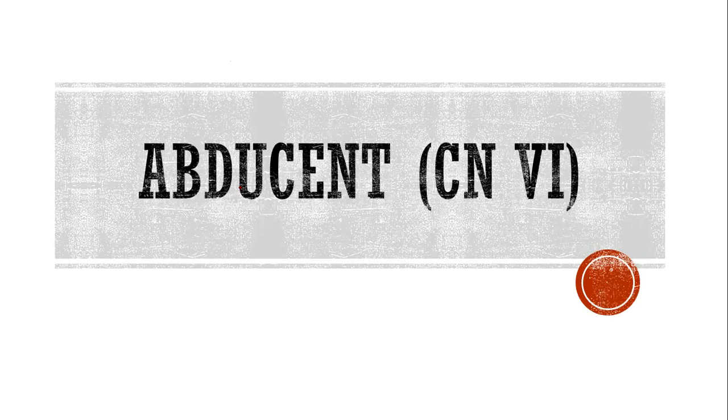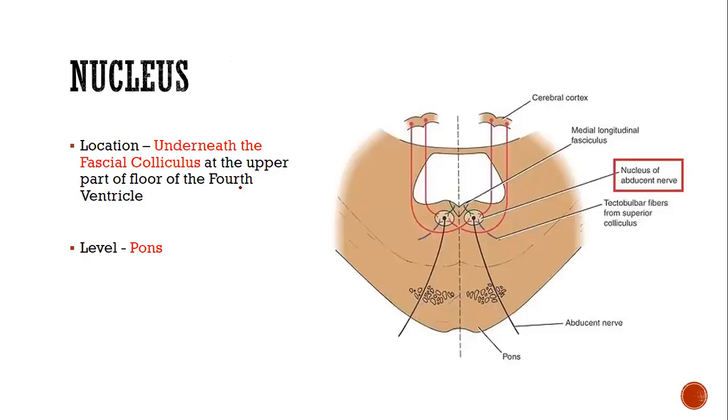Lastly, we're going to talk about the abducens nerve, which is the sixth cranial nerve. This is also a nerve responsible to move the eyeball, and this is also exclusively a motor nerve. When we talk about the nucleus of the abducens nerve, you must know about the facial colliculus, which we covered when we were teaching you the brainstem, or more specifically the pons.